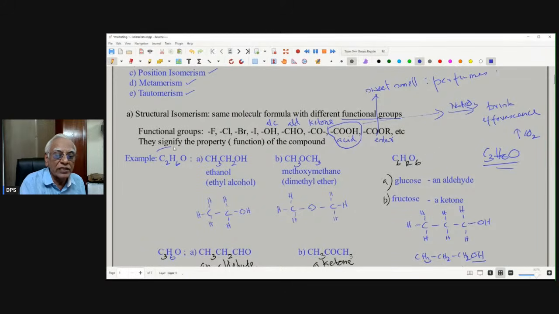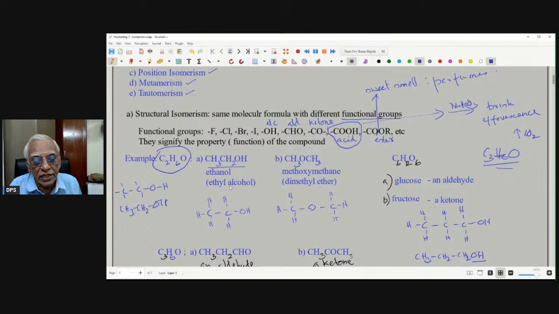Now, probably a much simpler example is C2H6O. The two carbon atoms can be combined together and oxygen could be attached to any one of the carbon atoms, and the valency of oxygen is 2, and the valency of carbon is 4. Therefore, it should be CH3, CH2, OH, and that is called ethanol. Ethyl alcohol is the trivial name.